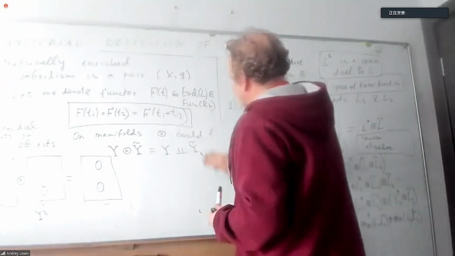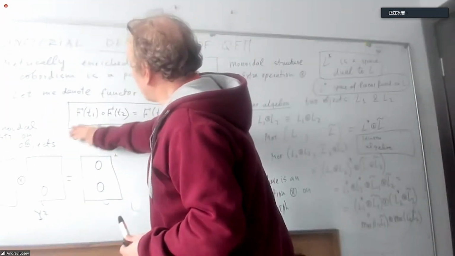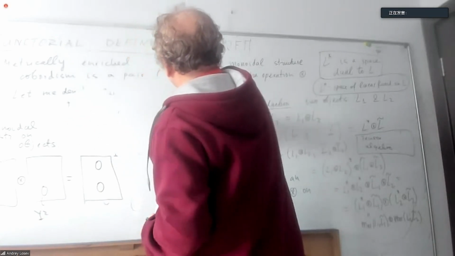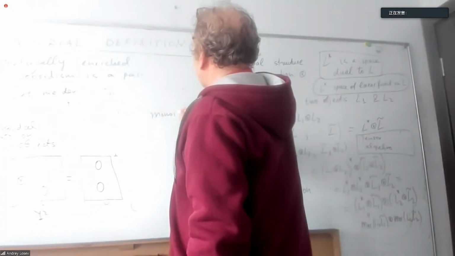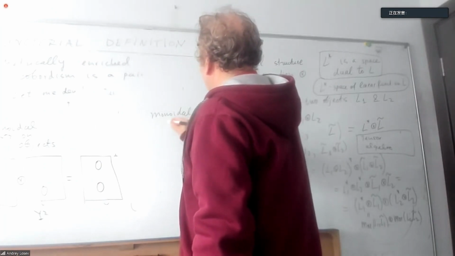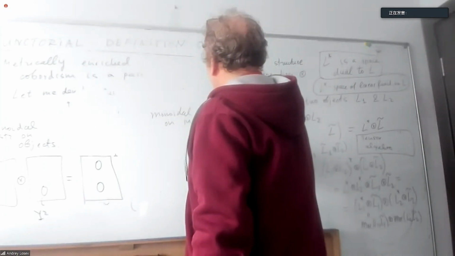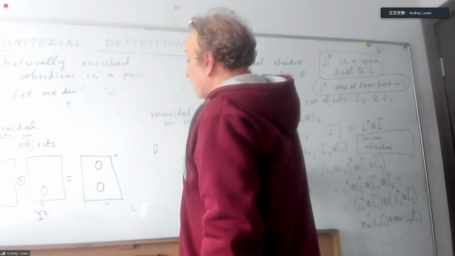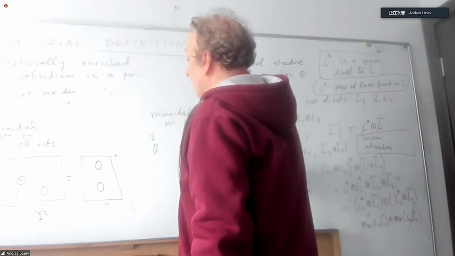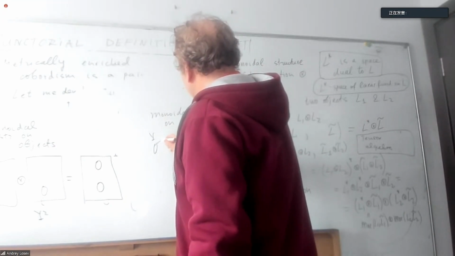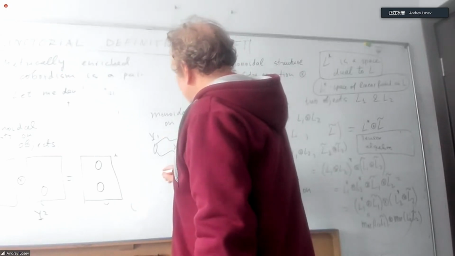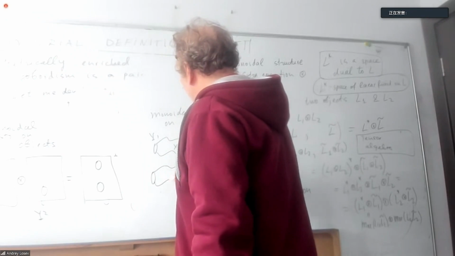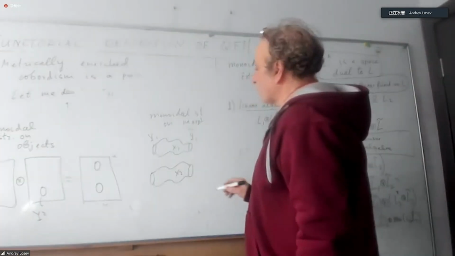But there is also a monoidal structure on morphisms. Suppose I have y tilde, and here I have x1, here I have x2.